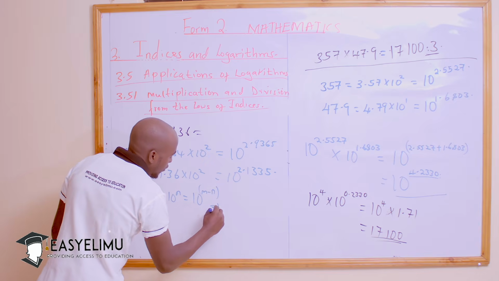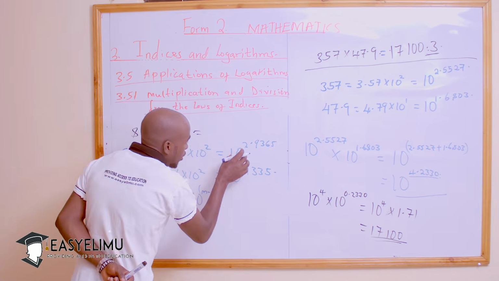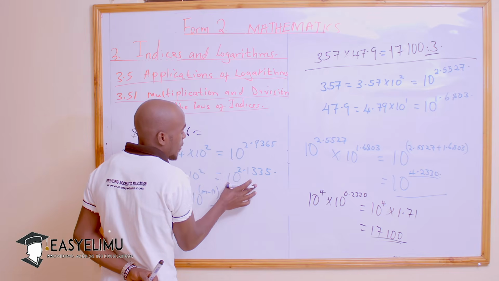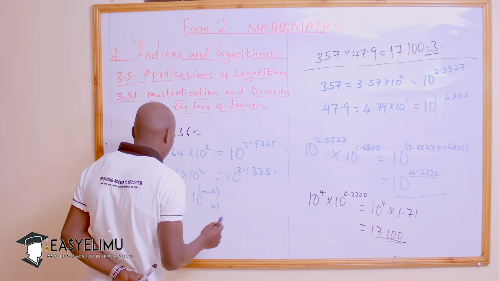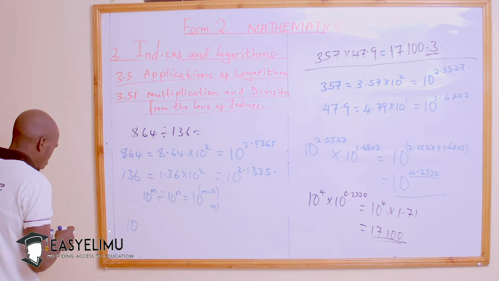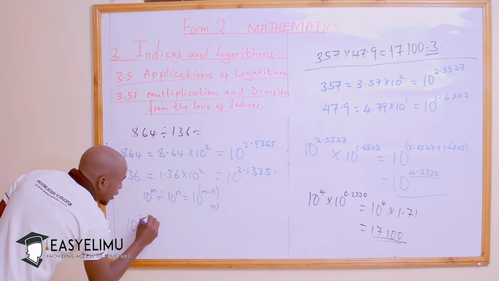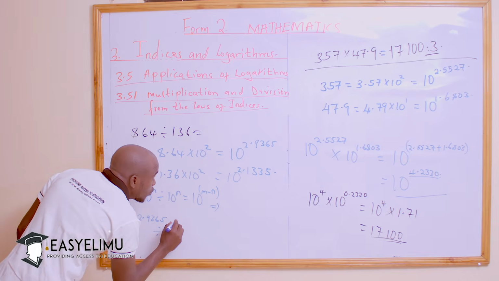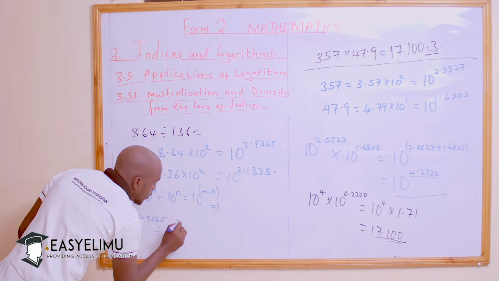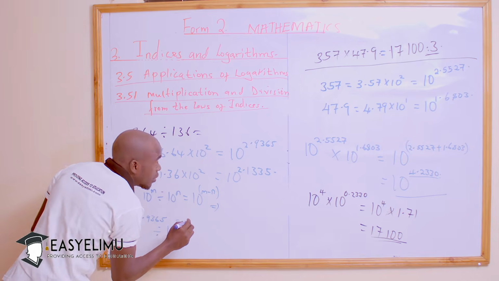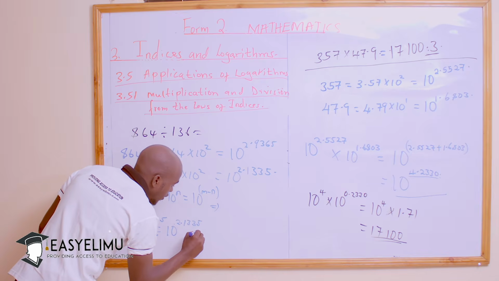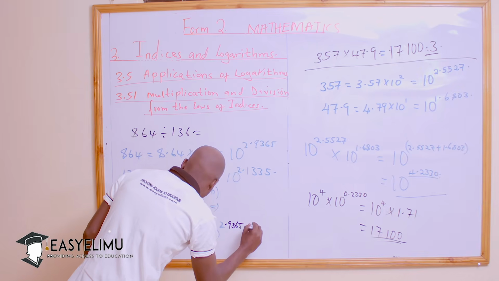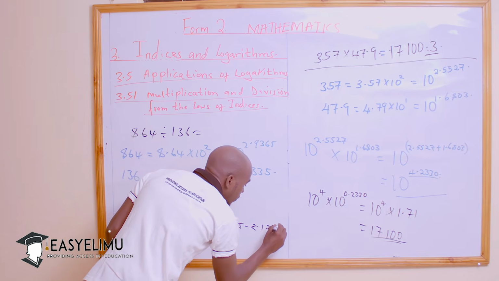If that is the case, we have the first computation divided by the second computation, meaning 10 raised to 2.9365 divided by 10 raised to 2.1335 is equal to 10 raised to 2.9365 minus 2.1335.